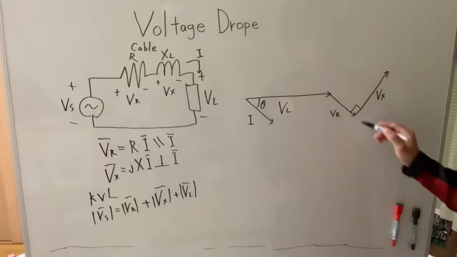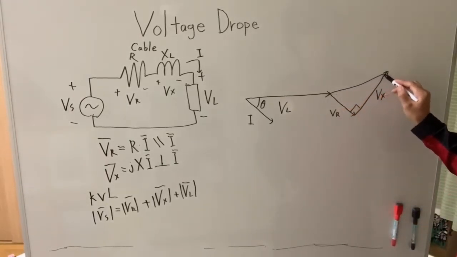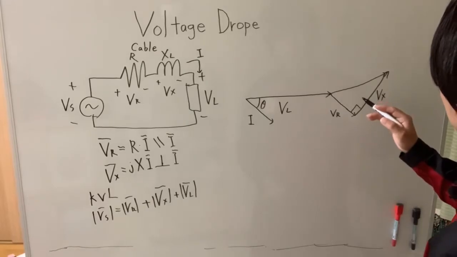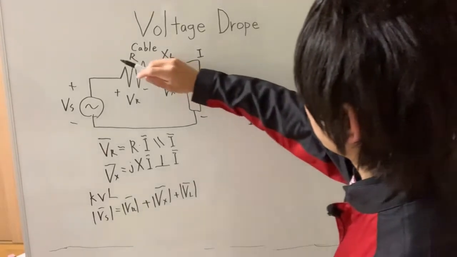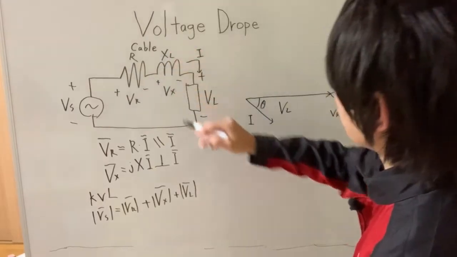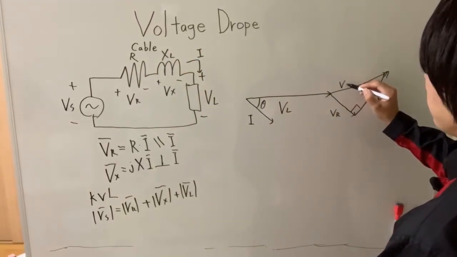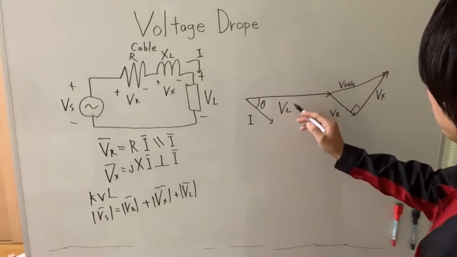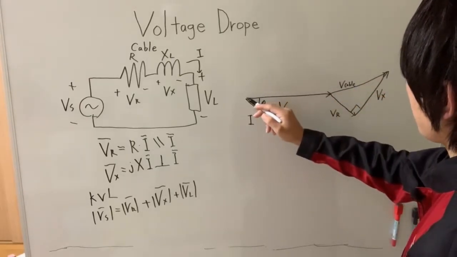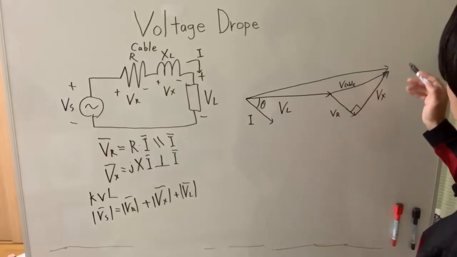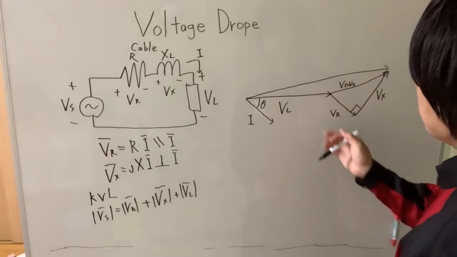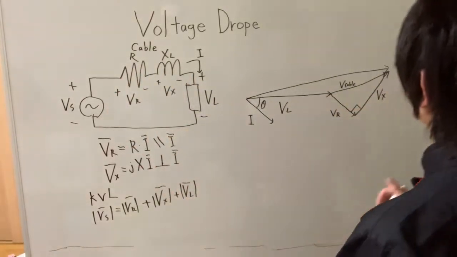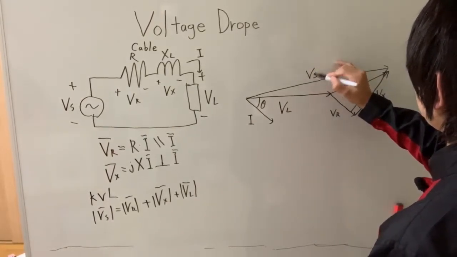And if we add VR and VX like so, from this point to this point, that is the voltage on the cable. And how about this? The voltage on the load and the voltage on the cable add together, and what we get is the voltage on the source, VS.